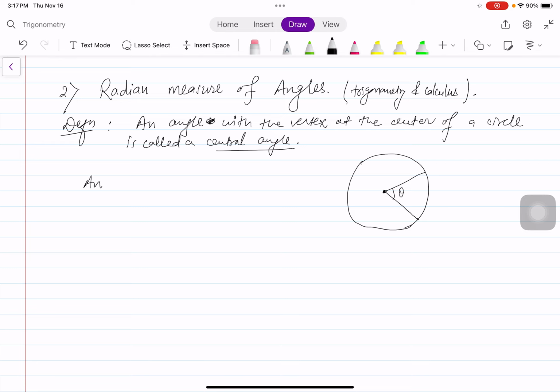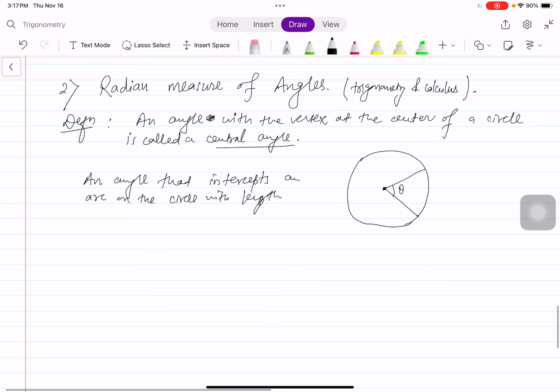Next we have another definition: an angle theta that intercepts an arc on the circle with length equal to the radius of the circle has a measure of 1 radian.